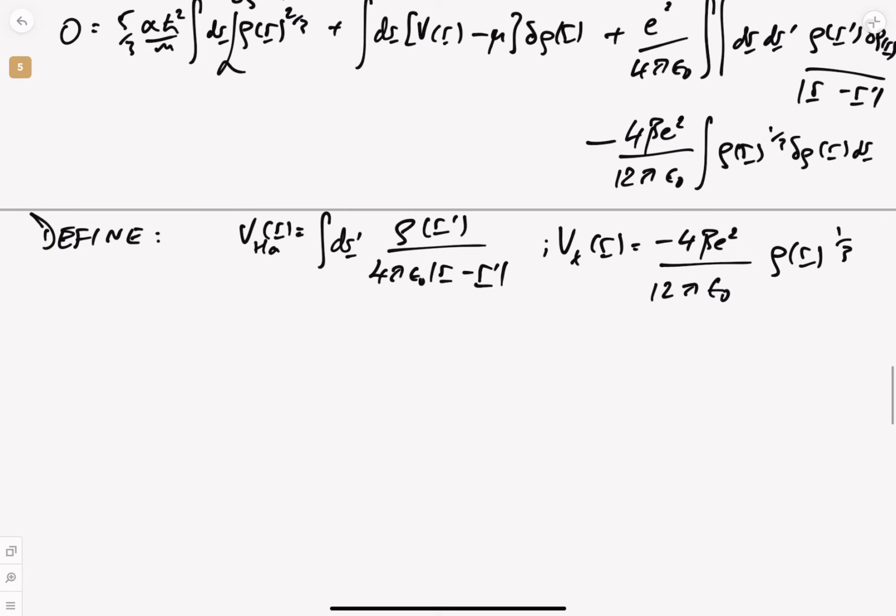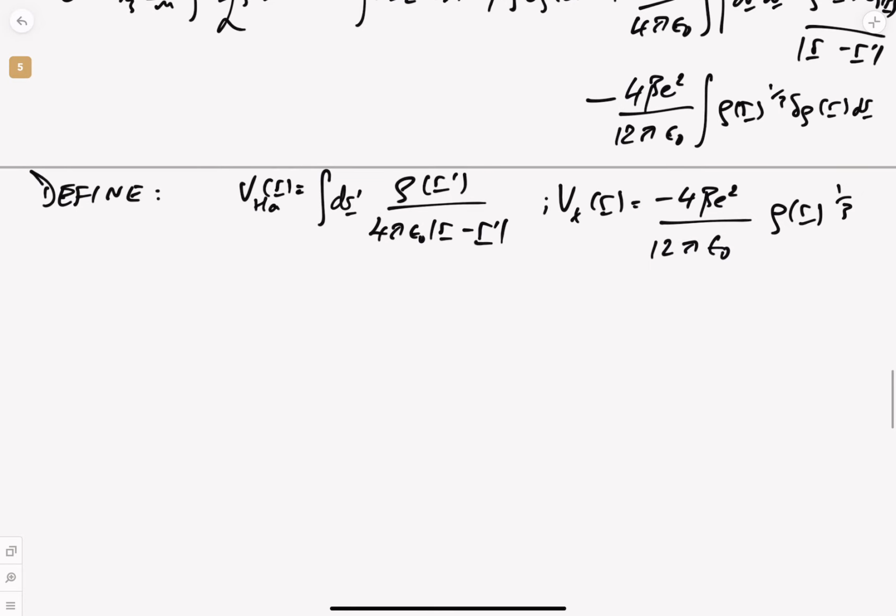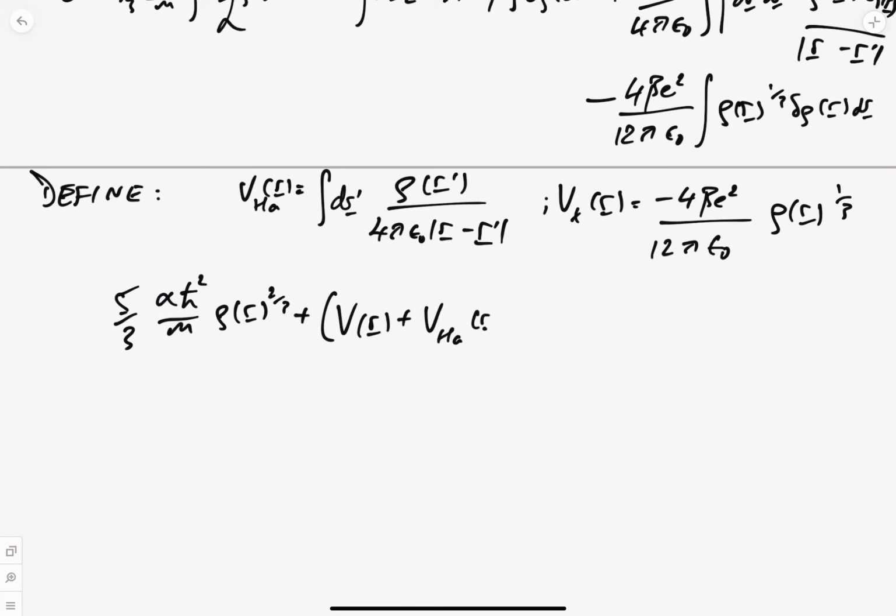Having done that, we can rewrite our condition as follows. We can say it's 5/3 alpha h bar squared over m rho of r to the 2/3 plus, putting the potentials all in one bracket, V of r plus V Hartree of r plus V exchange of r, must equal mu.